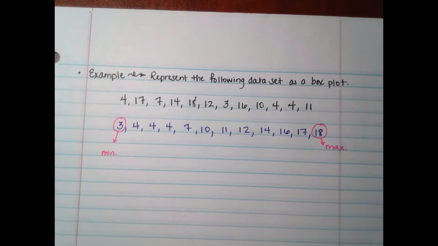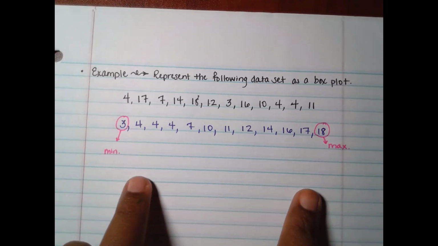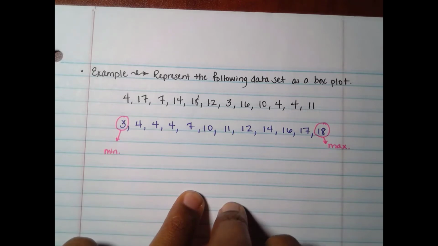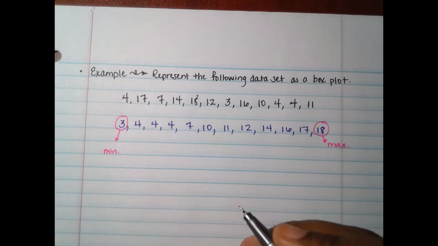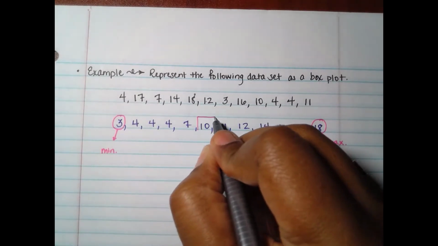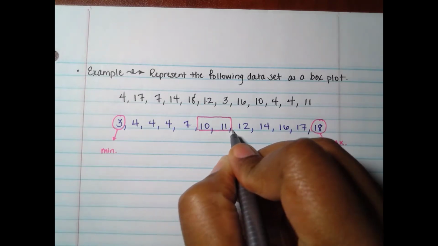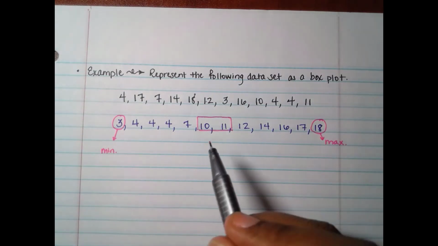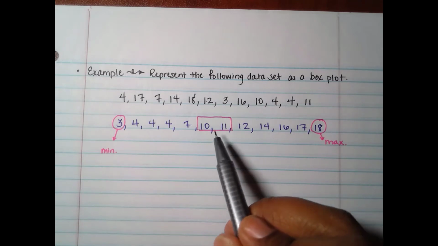So to find Q2, I will simply have to get the 2 numbers that are in the middle, which is 10 and 11. And I will add these up and divide by 2.